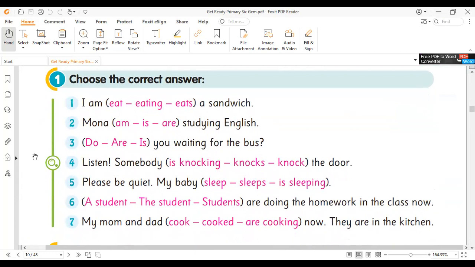Okay, Sarah, it's your turn. Number 1. I am eating a sandwich. Excellent. The gerund form. Sarah, number 2. Mona is studying English. Okay, excellent. Asya, number 3. Are you waiting for the bus? Excellent. Rahf, number 4.